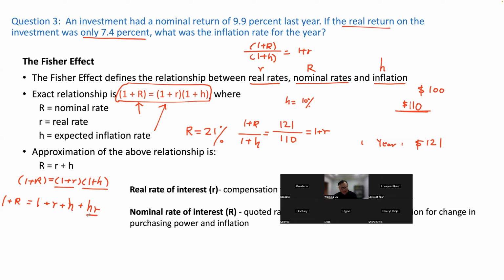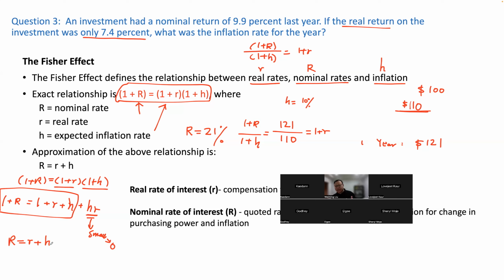Sometimes this one is very small, to the point you can neglect it, so it's almost close to 0. And then you have a simplified equation: 1 plus big R equals 1 plus r plus h. So big R equals lowercase r plus h, okay? So this is the approximation.